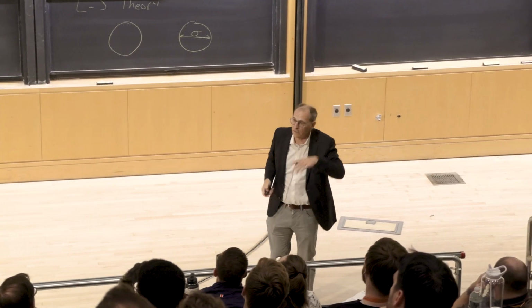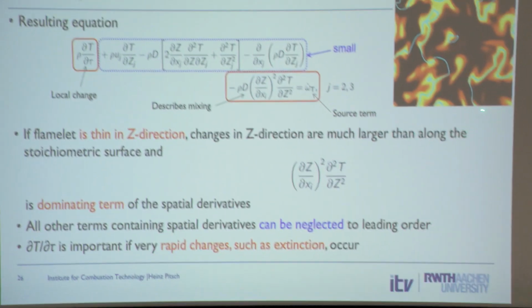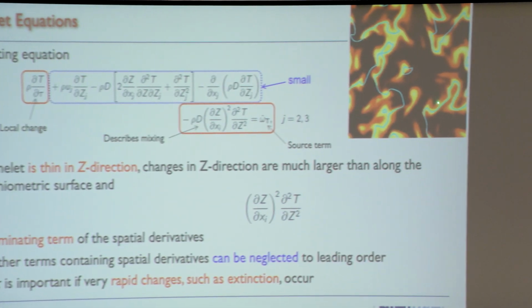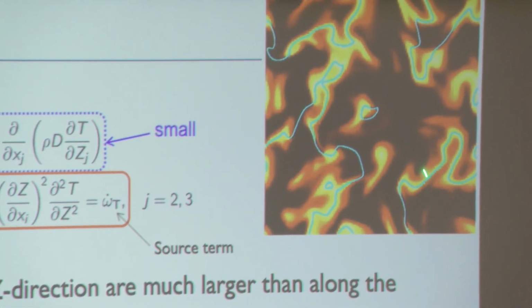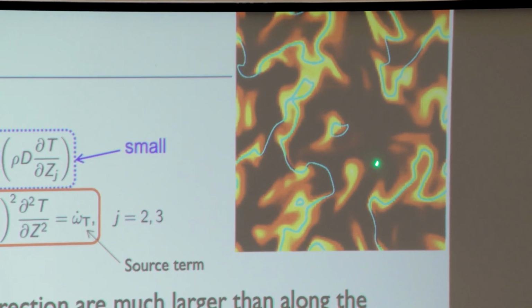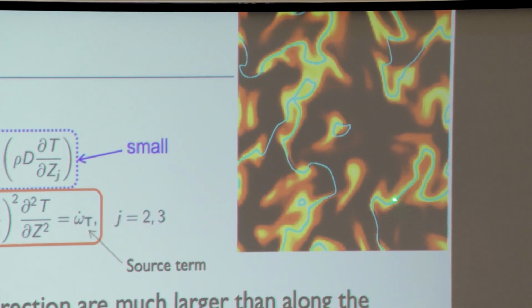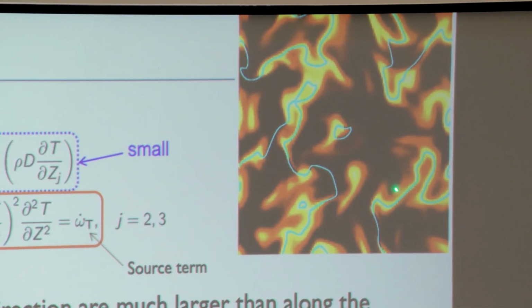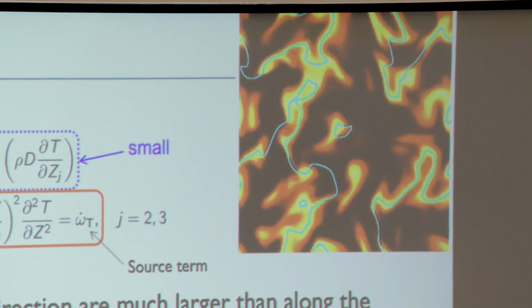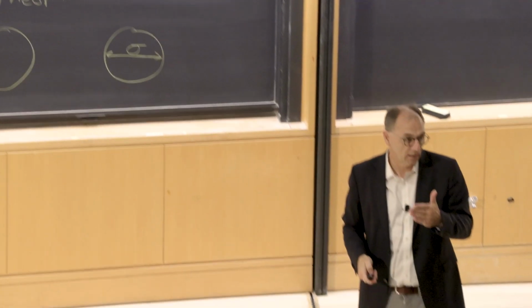Now let's assume we look at regions where you don't have local extinction, for example this region here, where if you go in the direction normal to the stoichiometric surface, the temperature changes a lot. Here the temperature is super high at stoichiometric, and if I go just a little bit away from the stoichiometric surface, it's very low. So the gradients in mixture fraction direction are very large.